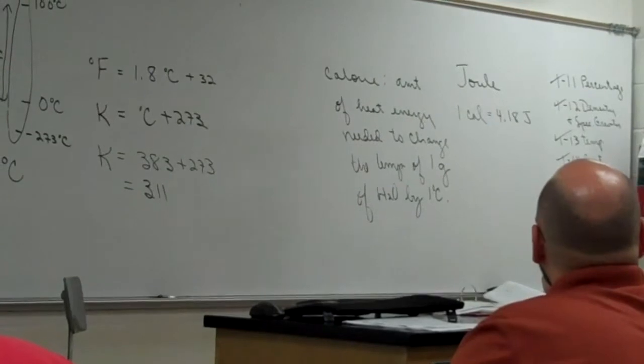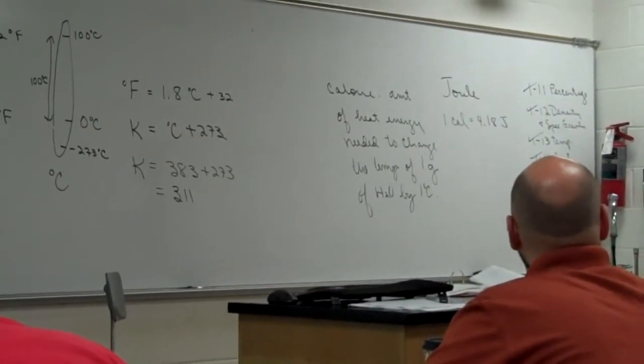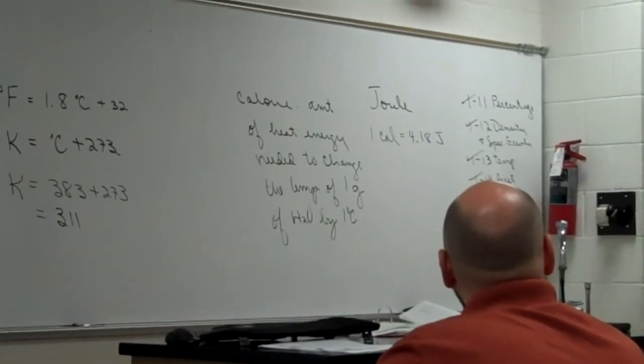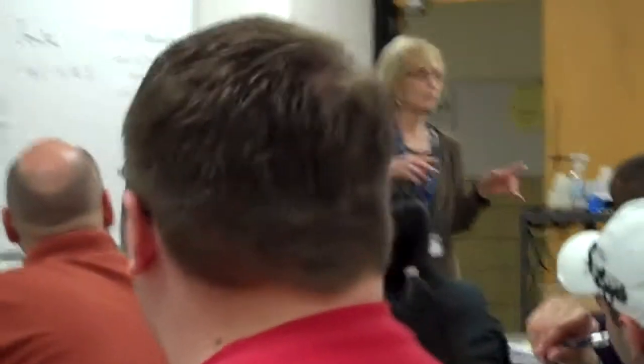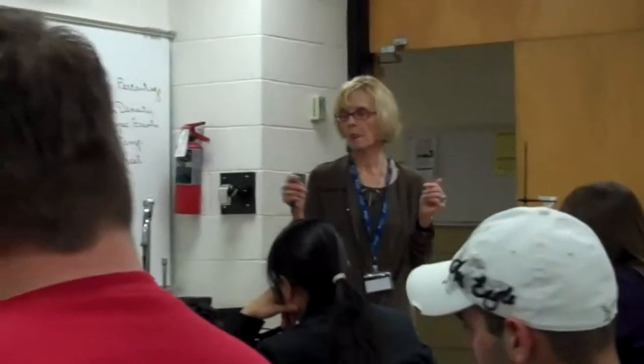So there was discussion, and the physicists twisted our arms, and they said, let's all do it the same. And so we caved, and we do all of our heat problems in joules. Now, if you go on and take organic chemistry, the few heat problems they talk about, they still are using calories and kilocalories. But in this class, we're going to use joules.